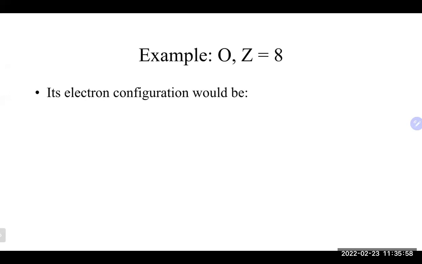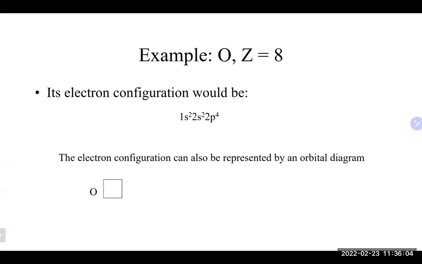Oxygen would be 1s2, 2s2, 2p4, where our 4th electron is where we're going to start pairing up as it comes in. So up, down, 1, 2, 3, and now our 4th one is paired. You can see that we pretty much have room for 2 more electrons there on the back 2 boxes.